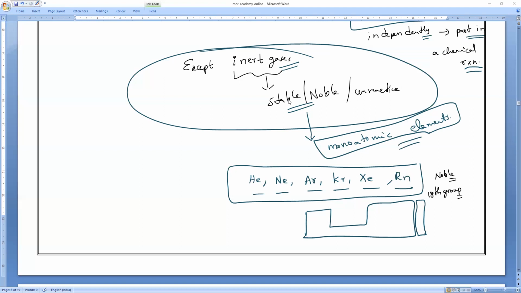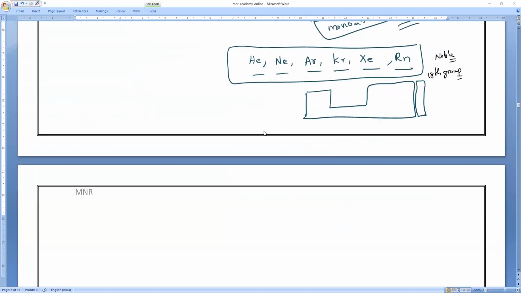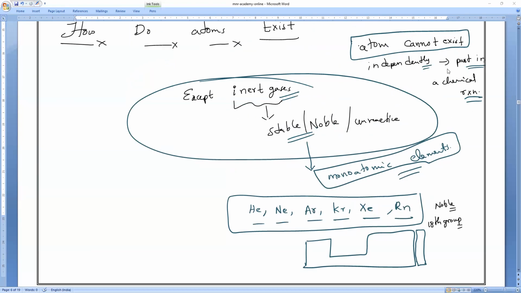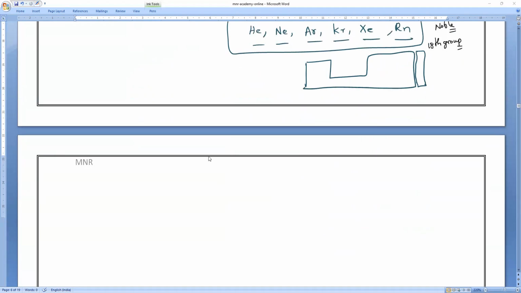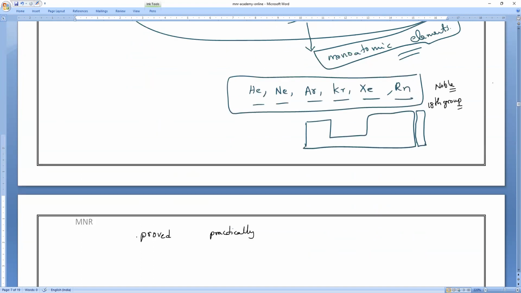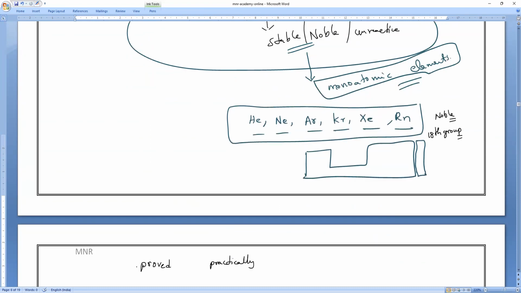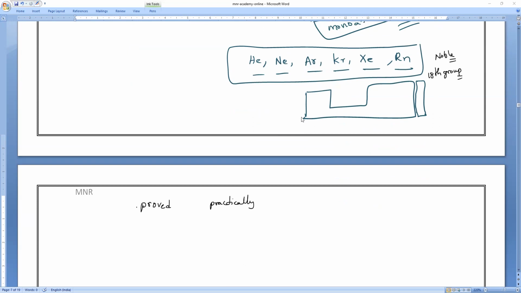Now, except inert gases, for all the remaining atoms it is proved practically that atoms cannot exist independently. What is the name of those that exist independently?